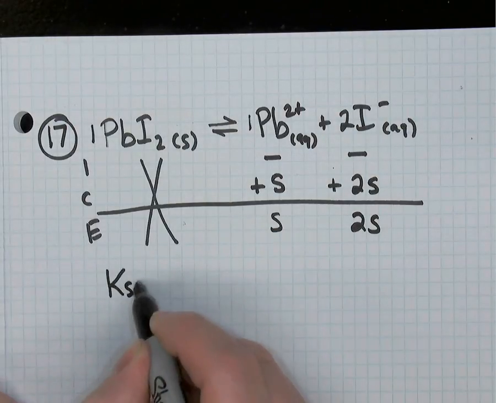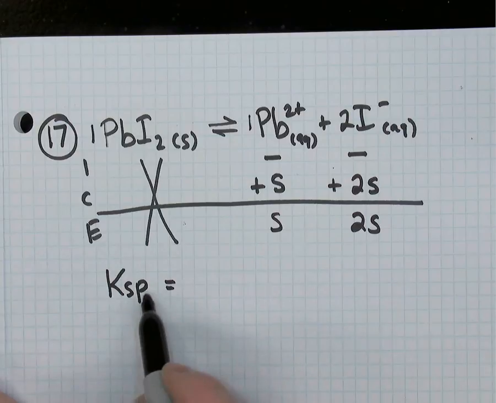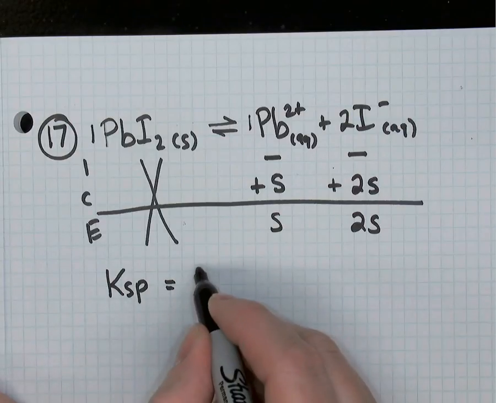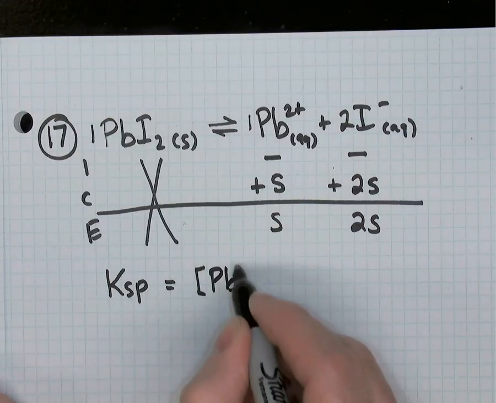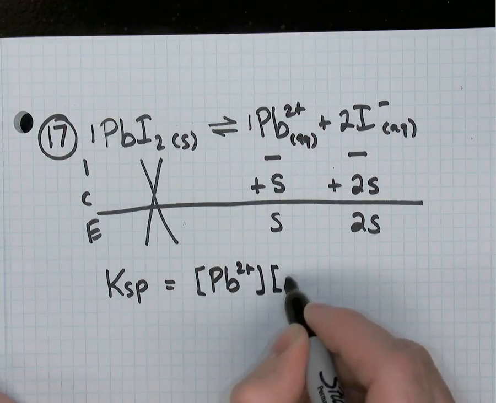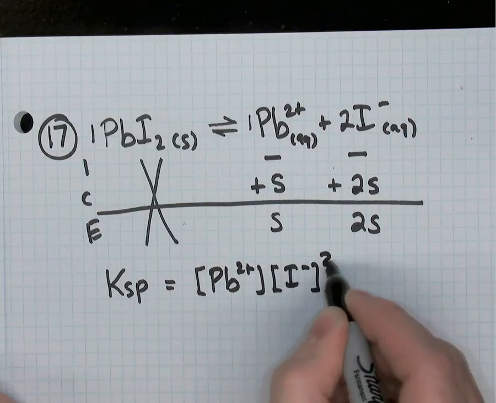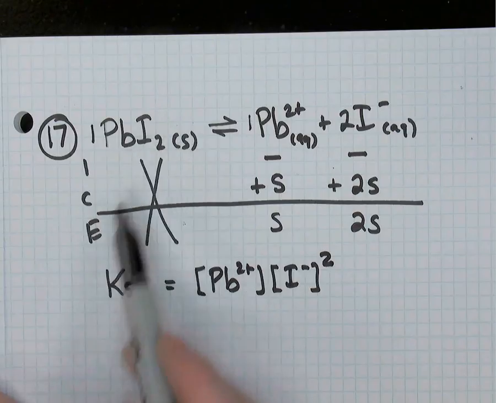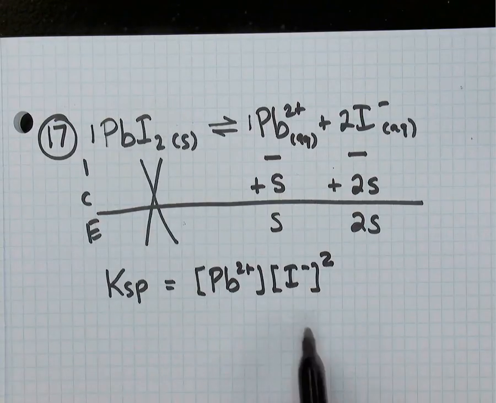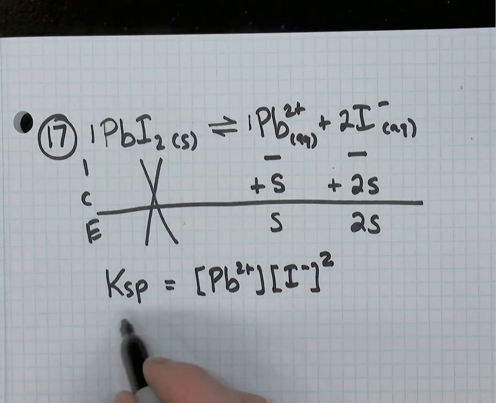We'll write the Ksp expression, the solubility product constant, is equal to the concentration of the lead times the concentration of iodide squared. Because the lead iodide was solid, we don't include it in the equilibrium expression. The question told us the value for the Ksp.